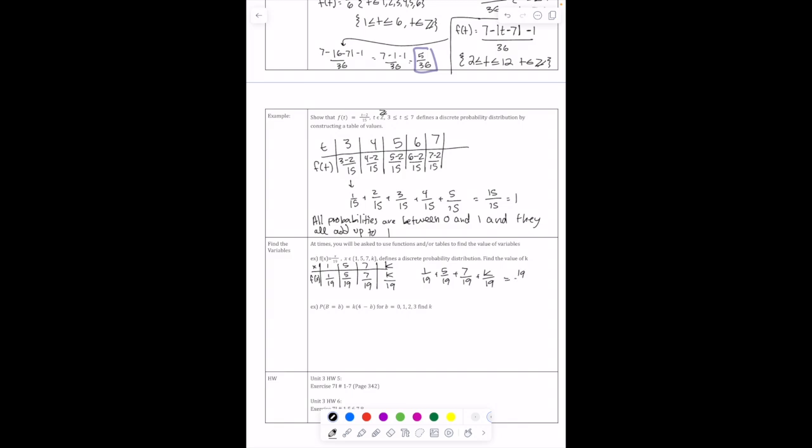I'm going to write it as 19 over 19 just because that will help me more directly see what k is. So 1 plus 5 plus 7 plus k has to equal 19. 1 plus 5 plus 7 is 13, so that means 6 is going to have to equal k. That's how we get it all equaling 1.